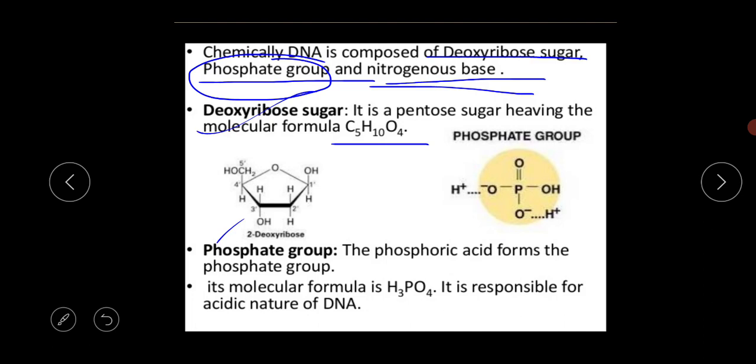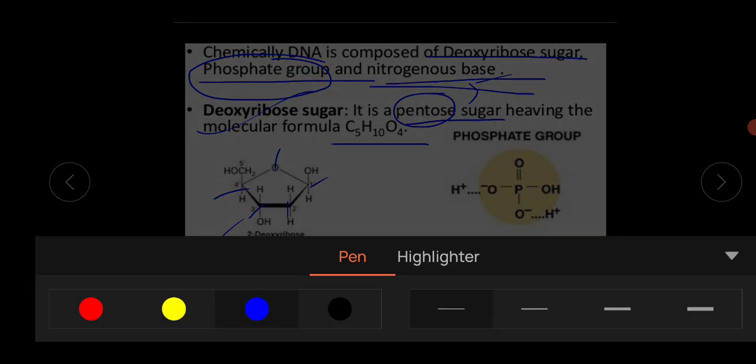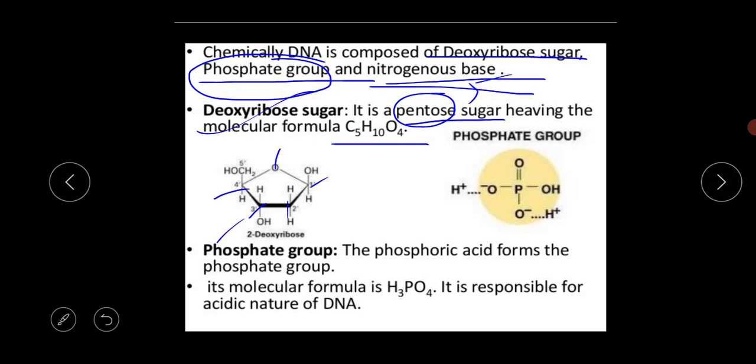So let's check it. The carbons are 1, 2, 3, 4, 5, a total of 5 carbon. That's why this is called a pentose sugar. Pentose means 5. Now I am changing my pen color.